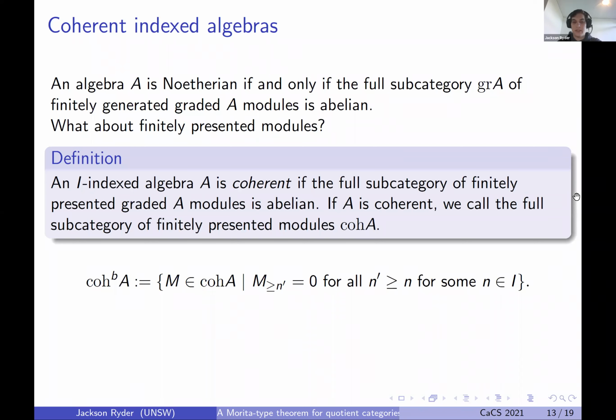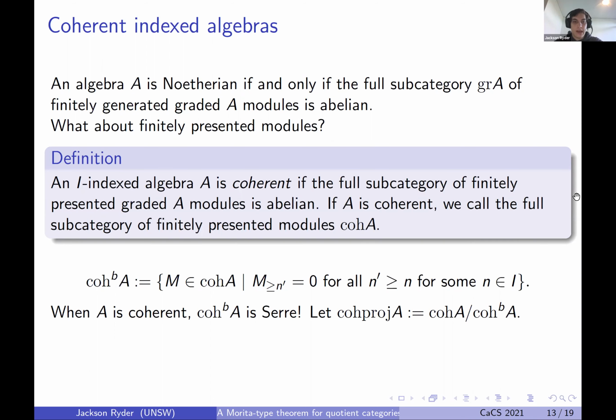You can think of it as: we can go far enough along in our graded module, and it becomes 0. When our algebra is coherent, this subcategory is actually a Serre subcategory, so we can take its quotient.